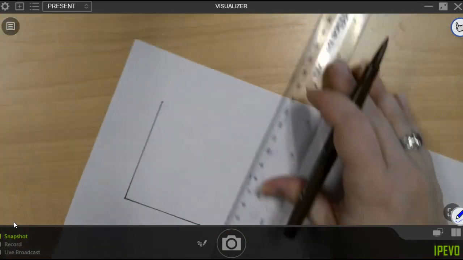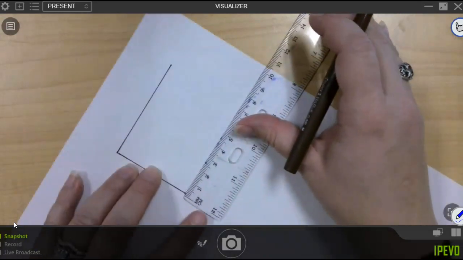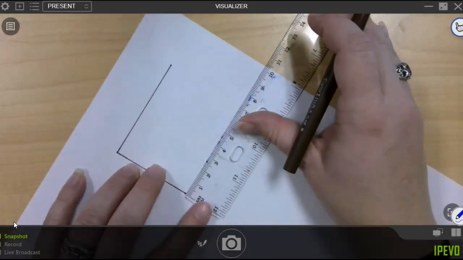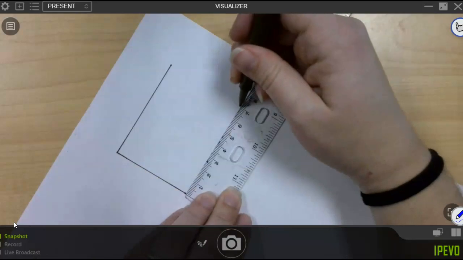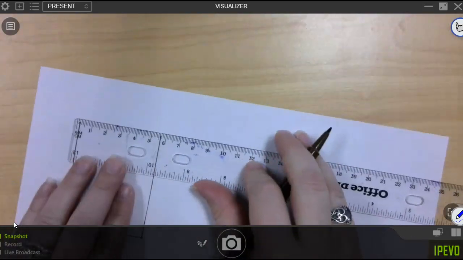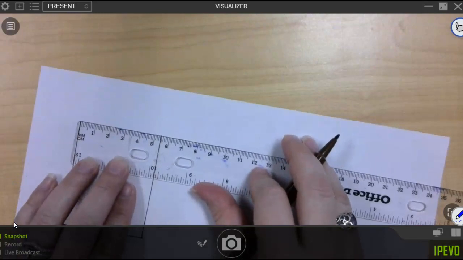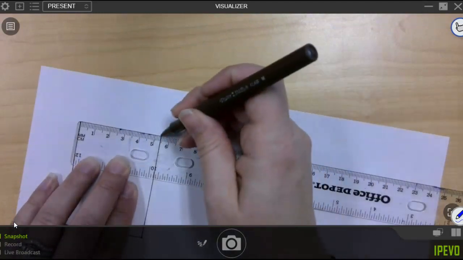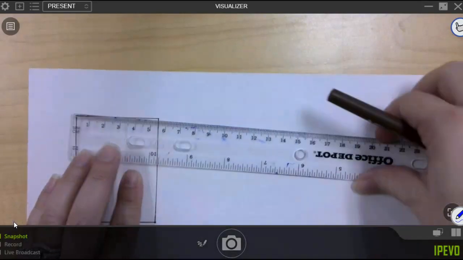And repeating that same process, trying to form a right angle, 7 centimeters tall. Let's see how good I was. Is it 5.4? Pretty good, pretty close. Okay, there's my outer rectangle of Utah.